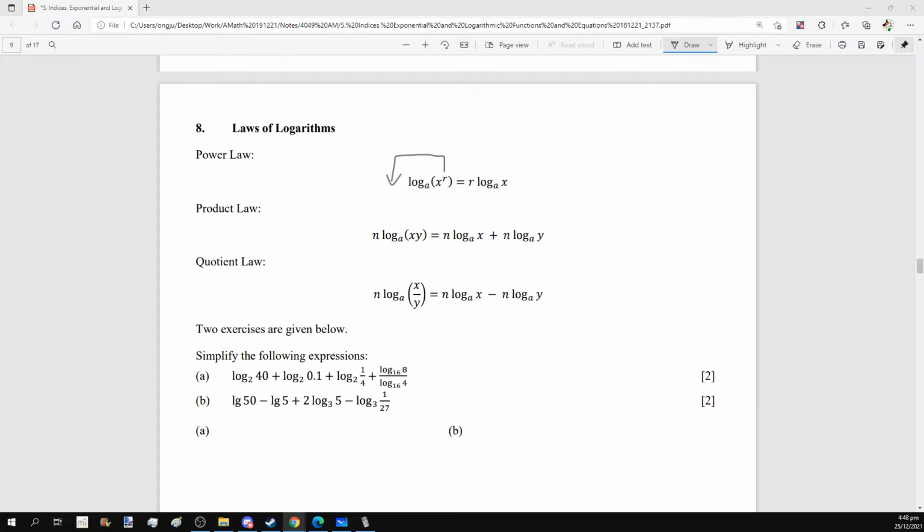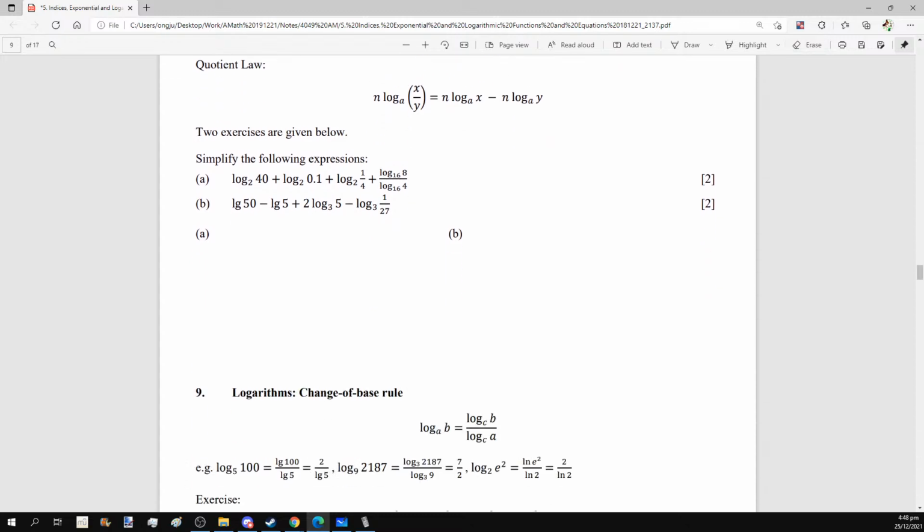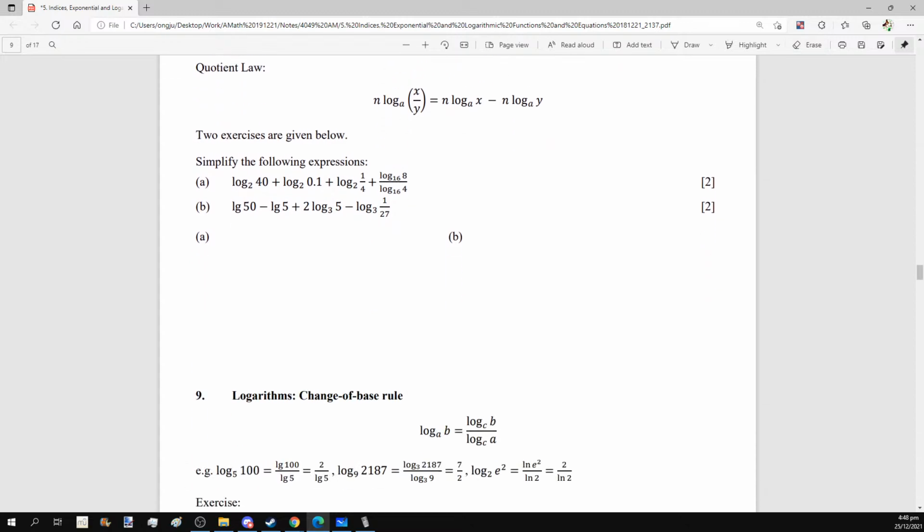So some example problems have been given for us over here in order to simplify numerical values. Honestly, they are pretty straightforward, so allow me to just go through maybe the first one.